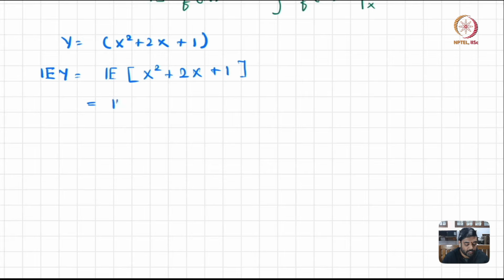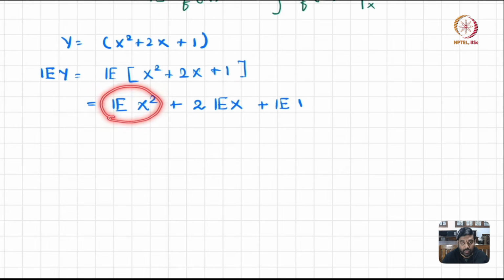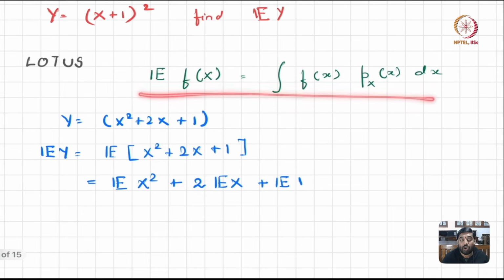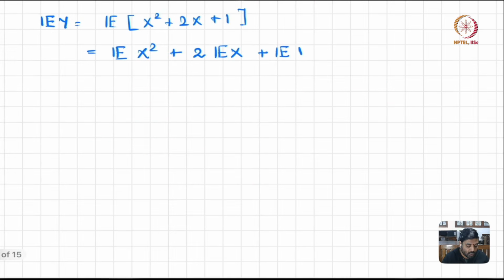With the linearity of expectations, it is the expectation of x square plus 2 into the expectation of x plus the expectation of the constant 1. Expectation of a constant is the constant itself. Now I have to calculate the expectation of x and the expectation of x square. X square is a function of x, so I will be using the law of the unconscious statistician. Let's calculate each one of them.